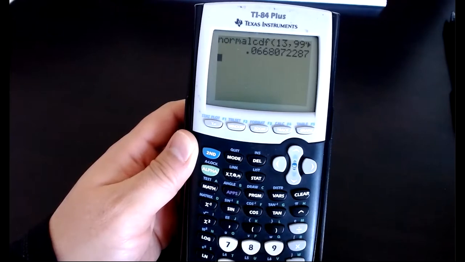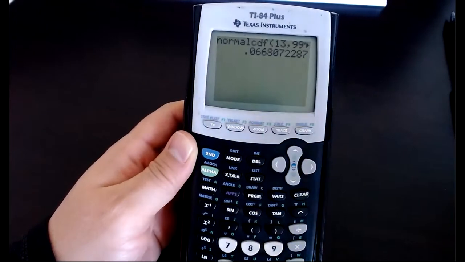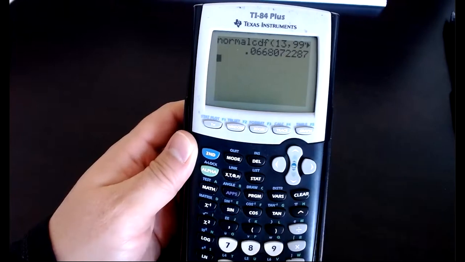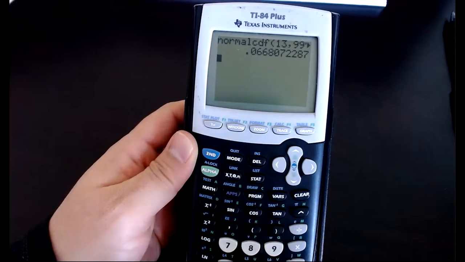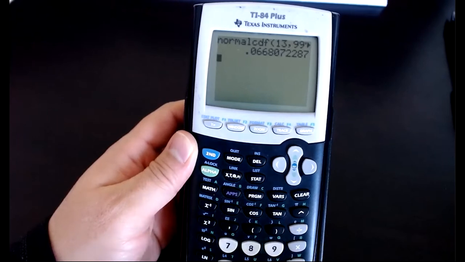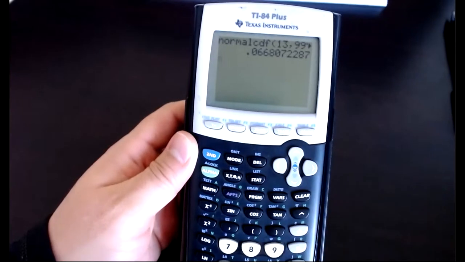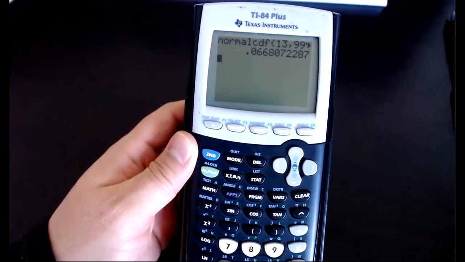That's the probability that the measurement exceeds 13 milliamperes for that distribution. Specifically, if the mean is 0 and the standard deviation is 1, then we say that is the standard normal distribution. The standard normal distribution is a special case of the normal distribution.